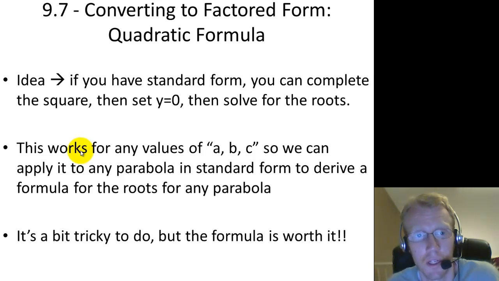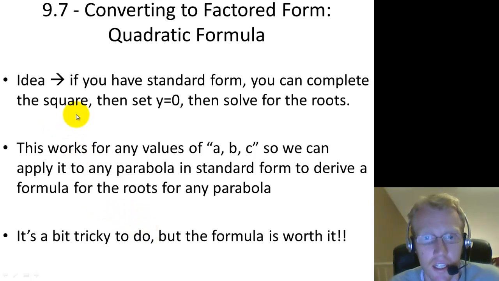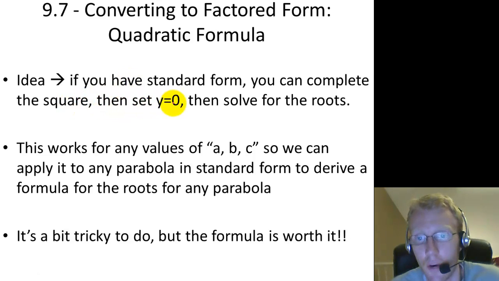that you can use to find the roots for any parabola. So our idea is you would start with an equation in standard form, y equals ax squared plus bx plus c. If you complete the square on this, to find the roots you'd set y equal to 0.